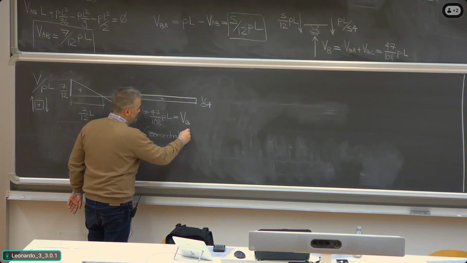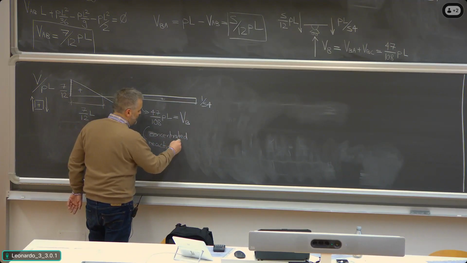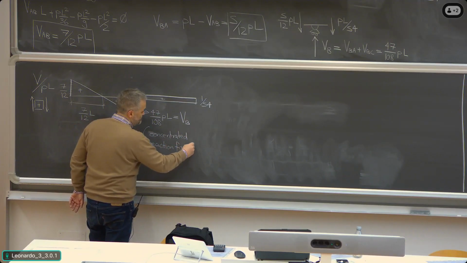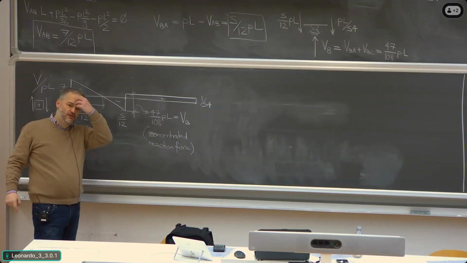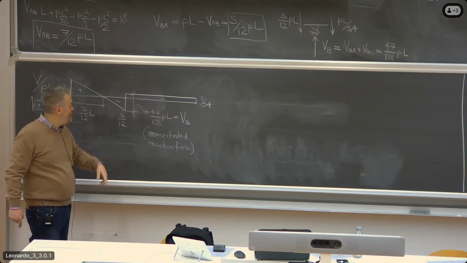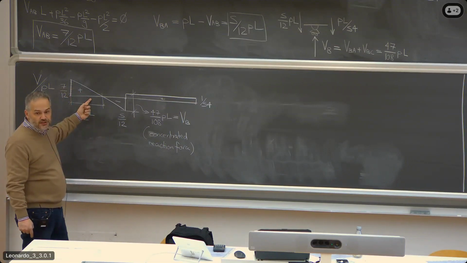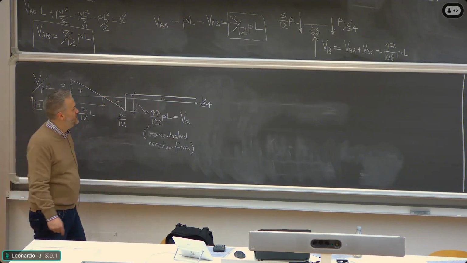Always remember, where you have concentrated load applied, you see discontinuities in the shear force diagram. Do not make the mistake of putting discontinuities here where there is a distributed load. Okay? Not possible.